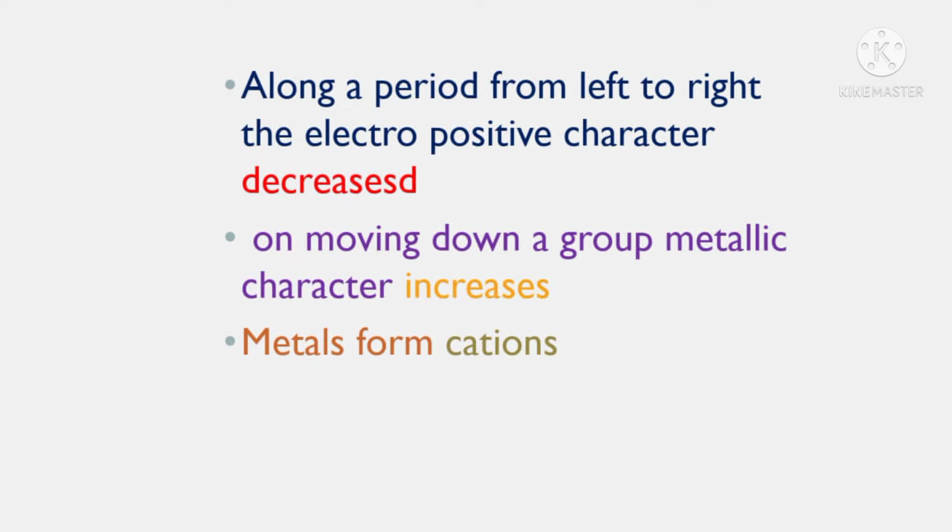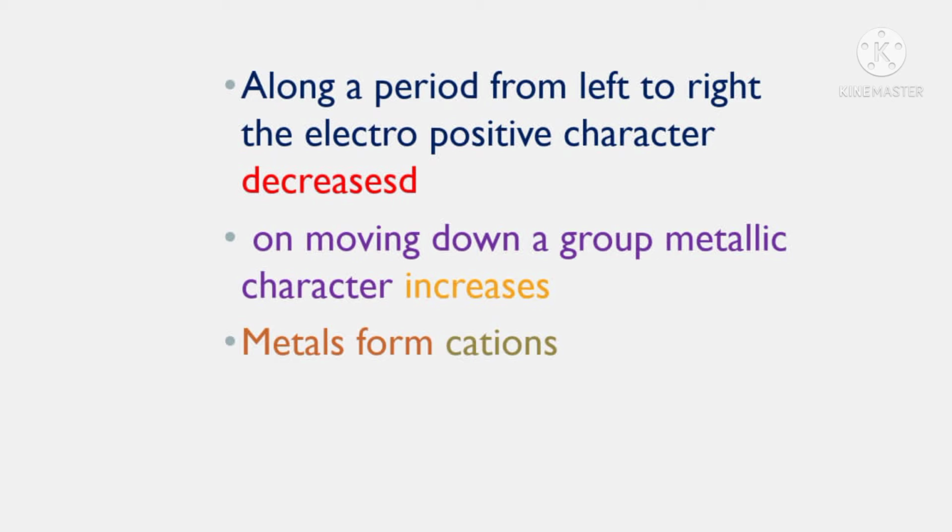What happens in a period on moving from left to right? The size of the atom decreases because there is an increasing effective nuclear charge, so the outermost electrons will be more tightly bonded to the nucleus when we are moving from left side to the right side. So the ability of the atom to lose electrons decreases throughout the period.